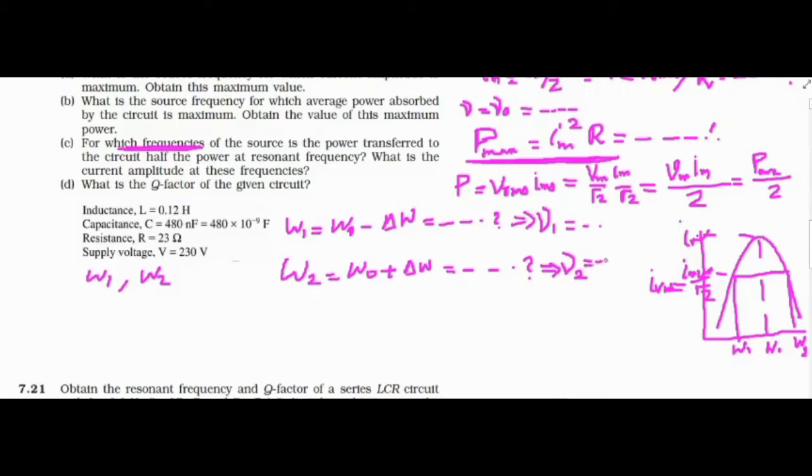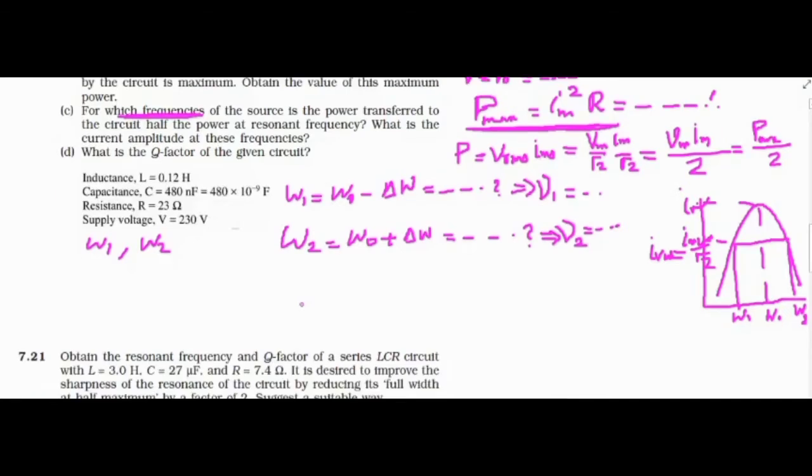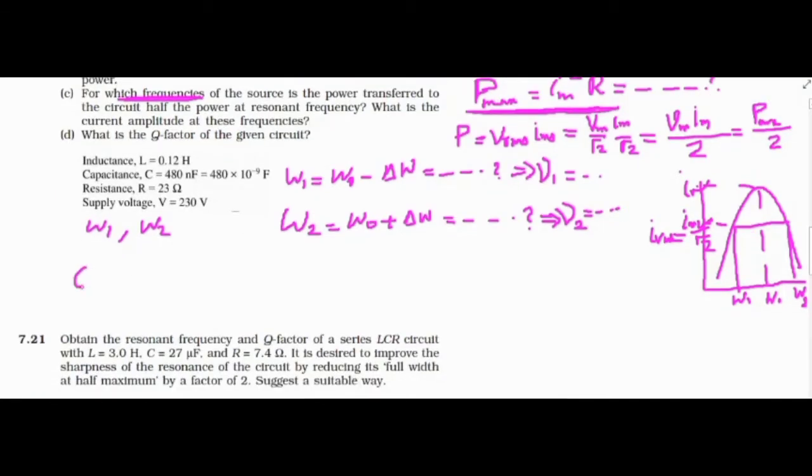But the problem remains, how do you calculate delta omega? Delta omega can be calculated using the quality factor formula.